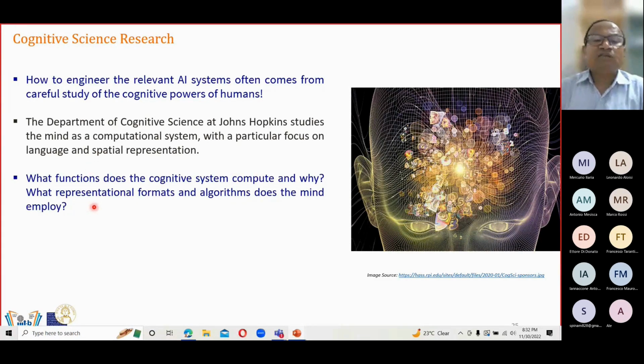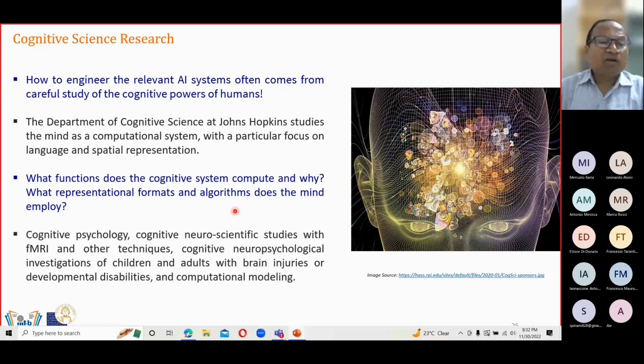What representation formats and algorithms does the mind employ? Cognitive psychology, cognitive neuroscientific studies with functional MRI and other techniques, cognitive neurophysiological investigations of children and adults with brain injuries or developmental disabilities, and computational modeling. These are all parts of the research.